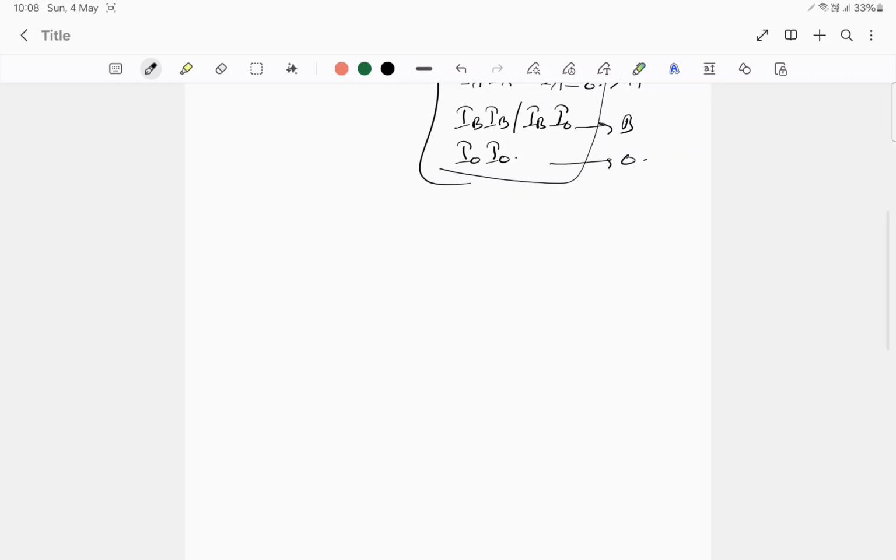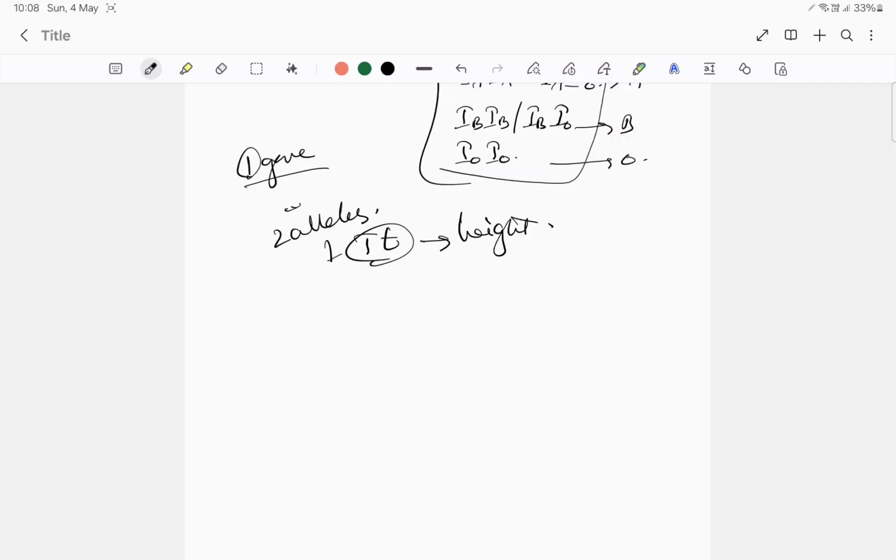Normally for one gene, there will be two alleles. For example, capital T and small t for height, right? If one gene has more than two alleles, it's said to be the multiple alleles condition. Understood?